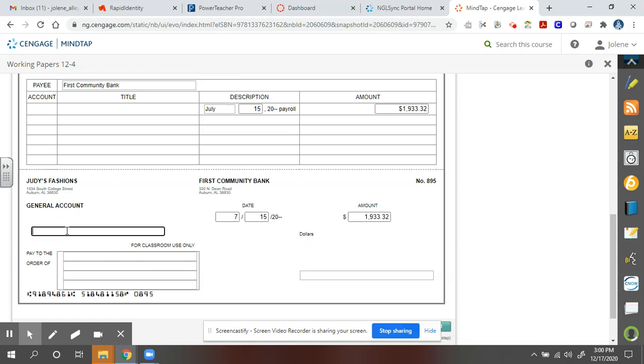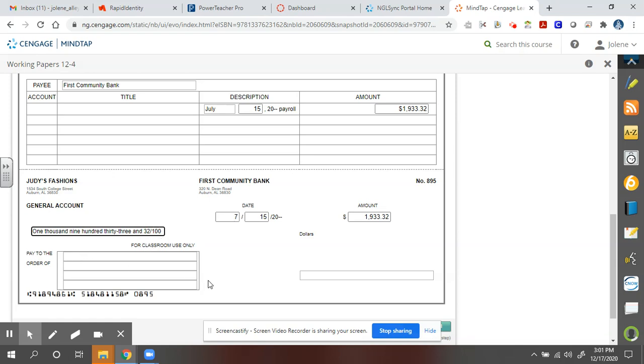Right here, we have to type it out in words: 1,900 33 and 32/100s. Remember, there's 100 pennies in a dollar, so that's where that comes from.